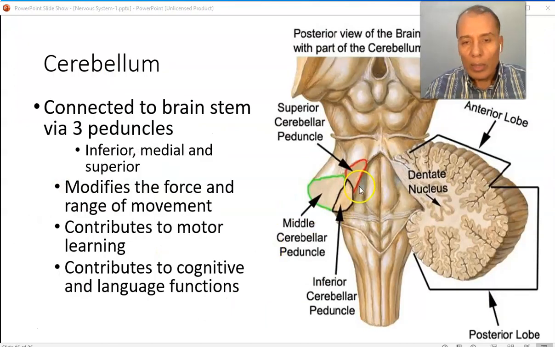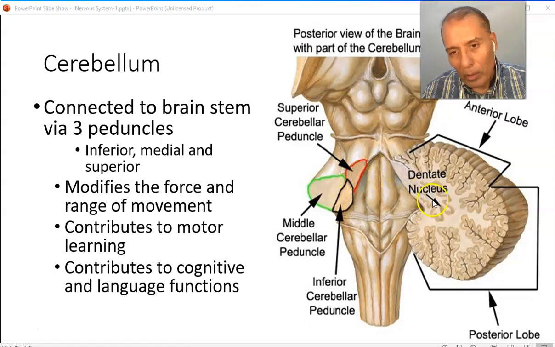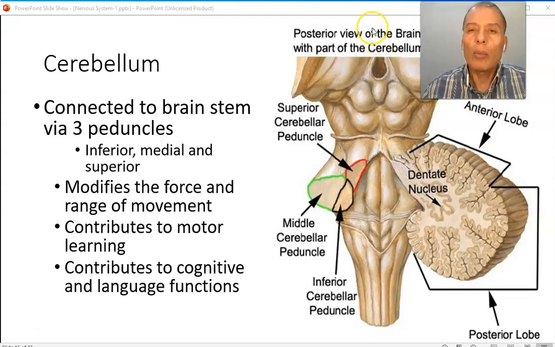So here you could see the 3 peduncles. One is going up to the higher parts of the brain here. That's called the superior cerebellar peduncle. And then there is the inferior that goes to the brainstem, the inferior cerebellar peduncle.